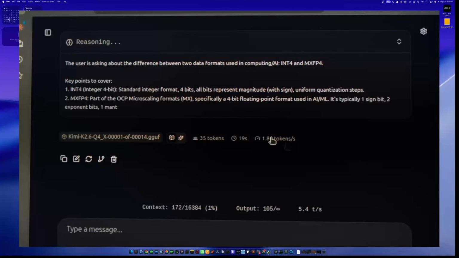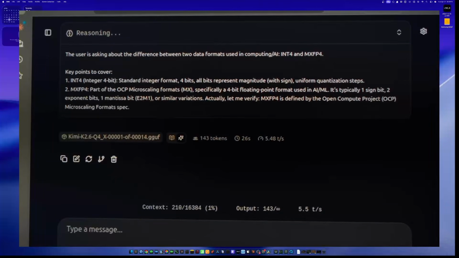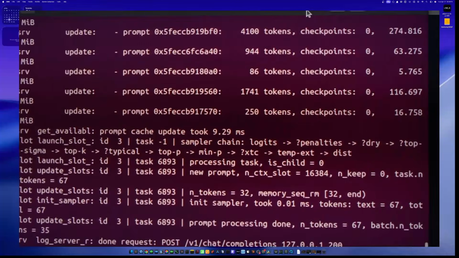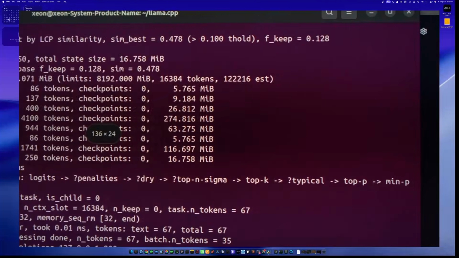And obviously the prompt processing is low right now at the beginning here. We're also using, let's see here, a bunch of checkpoints.